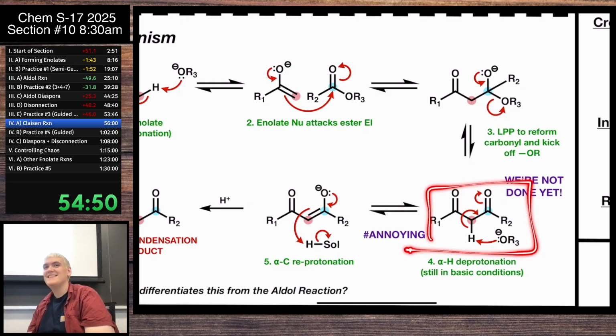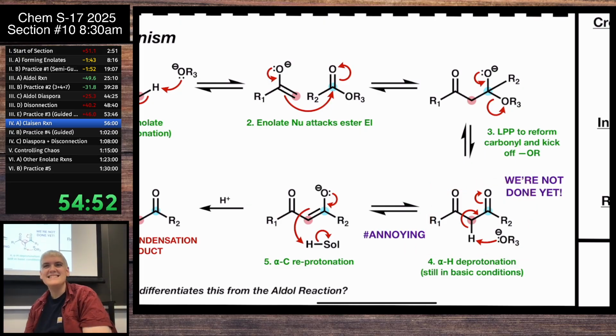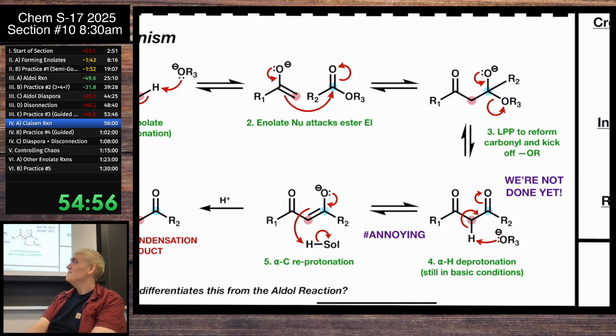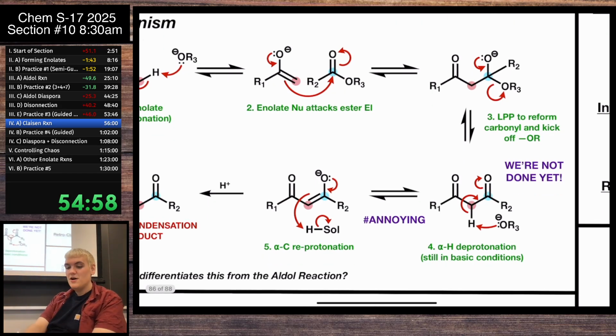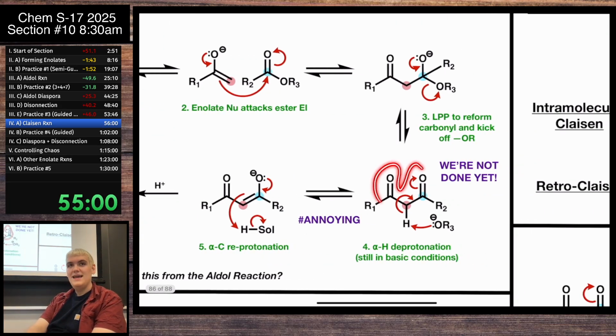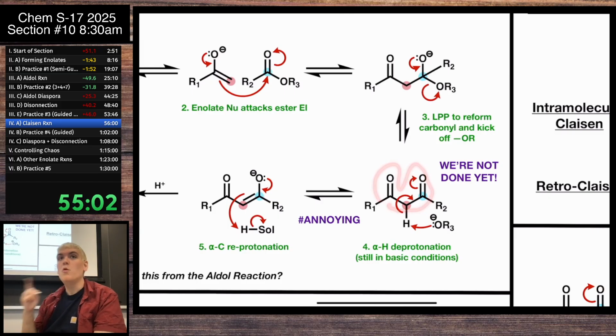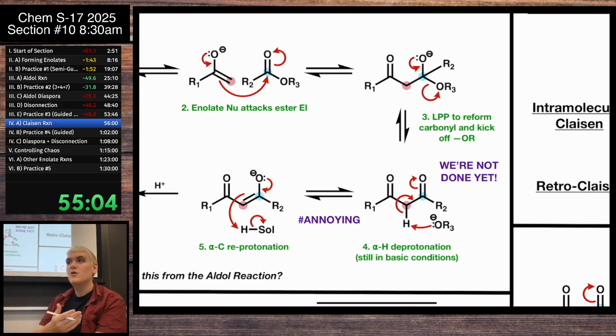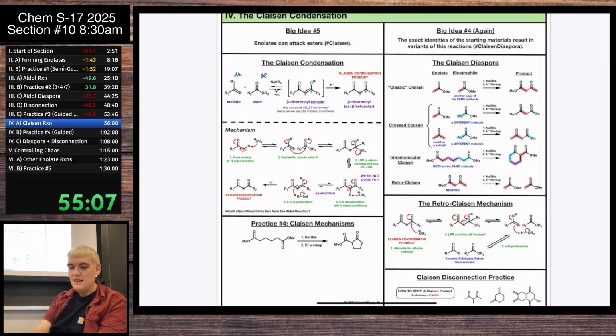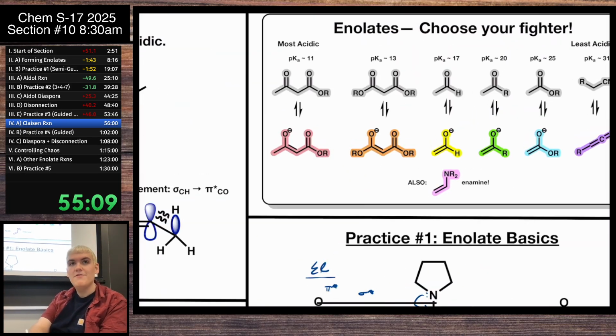Now at this point on the test, you'll be like, easy question, done. Oh my gosh, I'm so glad. But we've just made a dicarbonyl. And didn't we say dicarbonyls were more acidic than normal carbonyls for the alpha hydrogens? Over here, dicarbonyl is around 11 or 13. Initially, we had deprotonated something around 17 or 20.